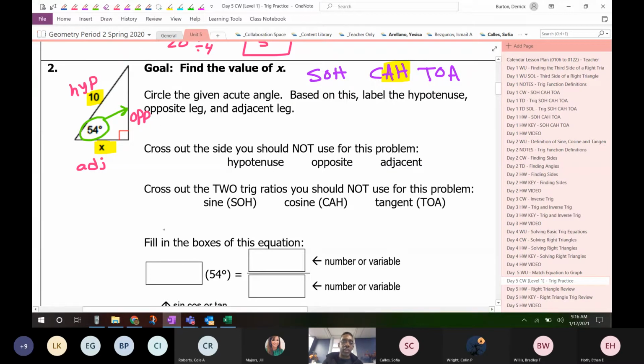So now let me fill in these boxes for the cosine function. We're going to put cosine of 54 degrees, and cosine is adjacent over hypotenuse. So that'll be x over 10.